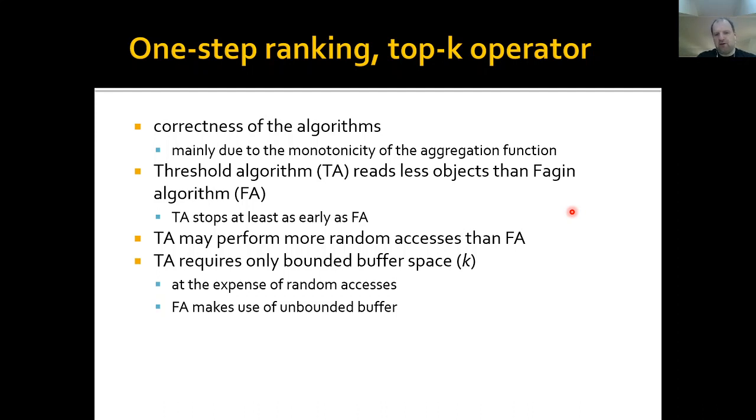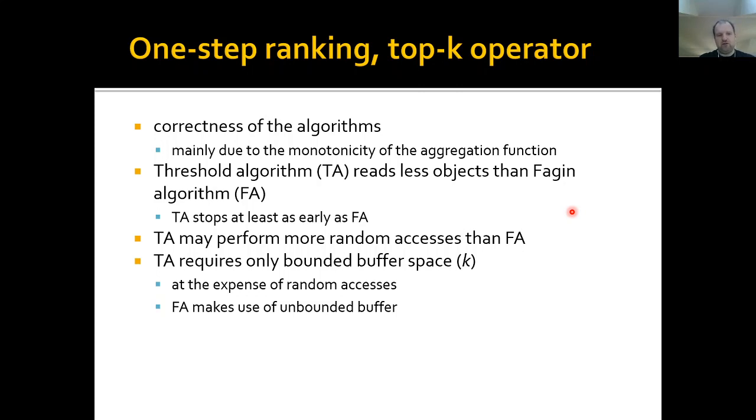That's also obvious because what the Fagin algorithm reads in parallel, the threshold algorithm could read some of it randomly. So of course parallel reading is cheaper than random access, but when it's two of the parallel reading, then it's even worse than the random access.